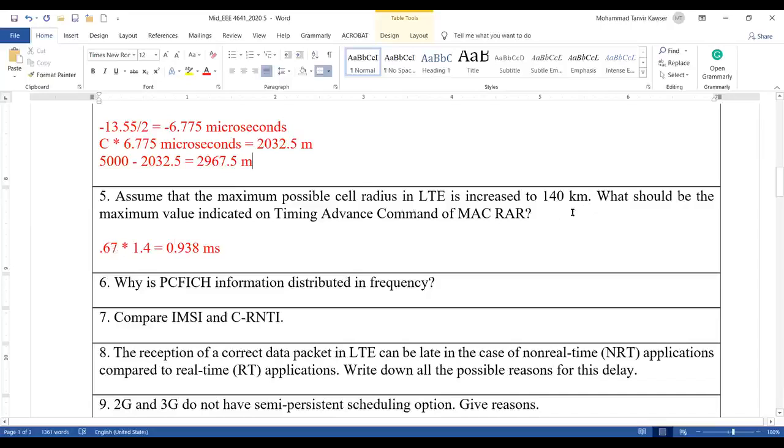So when you make it 140, of course, you have a 40% increase in the distance. The timing offset requirement will increase linearly. So let's multiply by 1.4 and you get the answer.